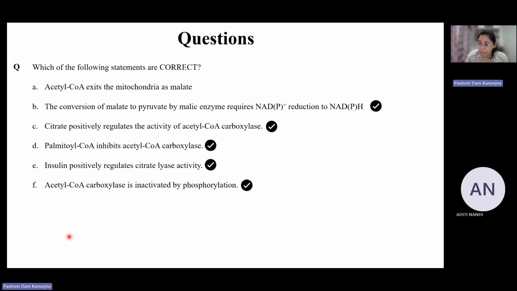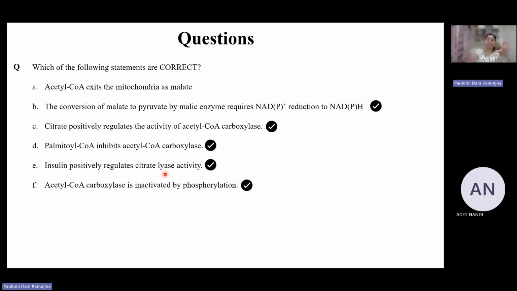of the mitochondria. And once in the cytosol, you have this enzyme, citrate lyase, and this citrate lyase cleaves the citrate and gives the acetyl coenzyme A back.